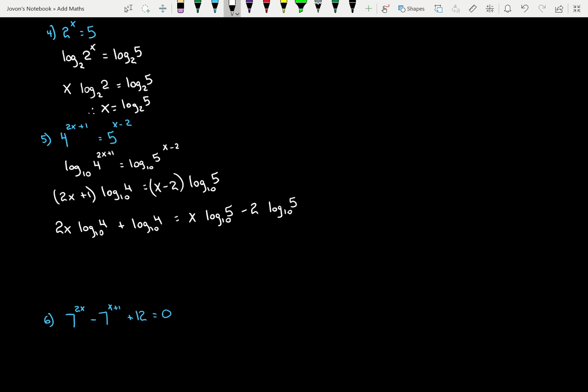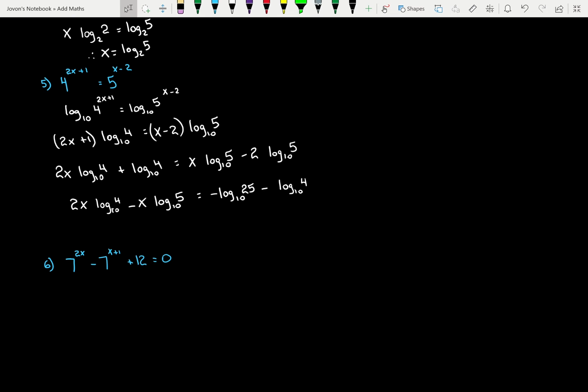So we'll have 2x log 4 to base 10, we bring the x over, so it becomes minus x log 5 to base 10 is equal to minus 2 log 5 to base 10, and we'll bring the 2 up, so it becomes log 25, because it becomes 5 squared to base 10, minus log 4 to base 10, okay?